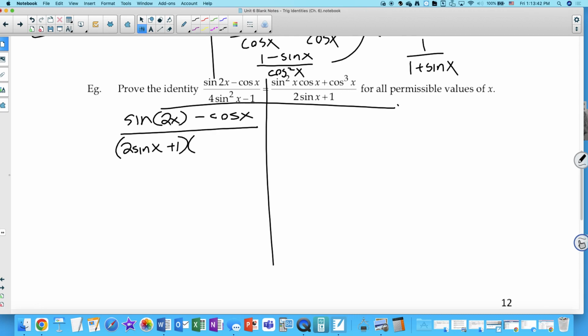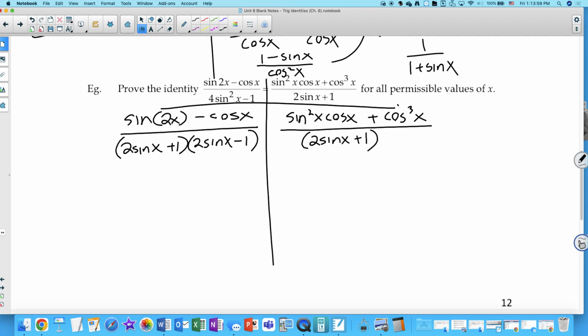And on the right side, we have sine squared x cos x plus cos cubed x over 2 sine x plus 1. Okay, so essentially what we see from this is that sine x cannot equal plus or minus 1/2. Can't be the positive or the negative.